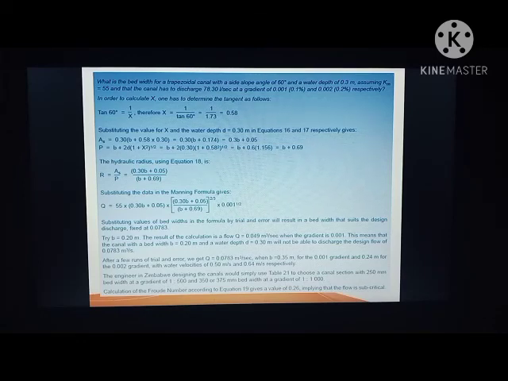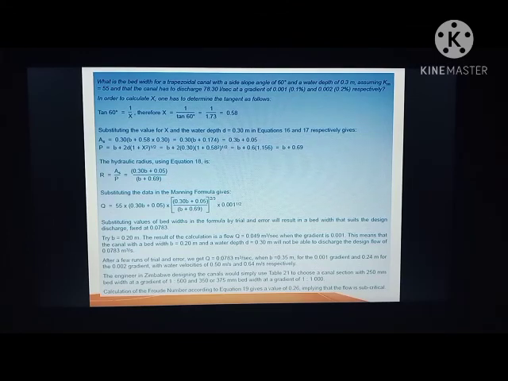x is equal to 1 over 1.673, and we have x is equal to 0.58. Substituting the value of x and the water depth, d equals 0.30 meters, in equations 16 and 17 respectively gives the area is equal to 0.30 multiplied by the quantity b plus 0.58 multiplied by 0.3, which is 0.30 multiplied by the quantity b plus 0.174, equal to 0.3b plus 0.05.